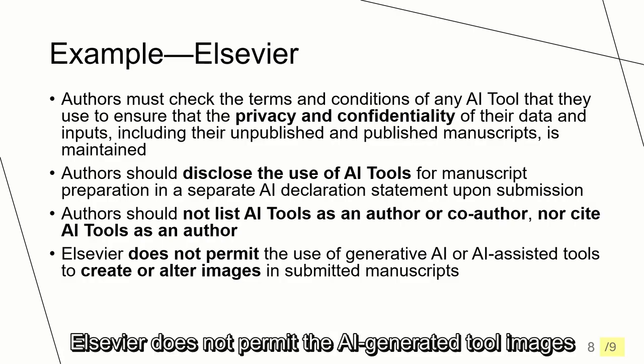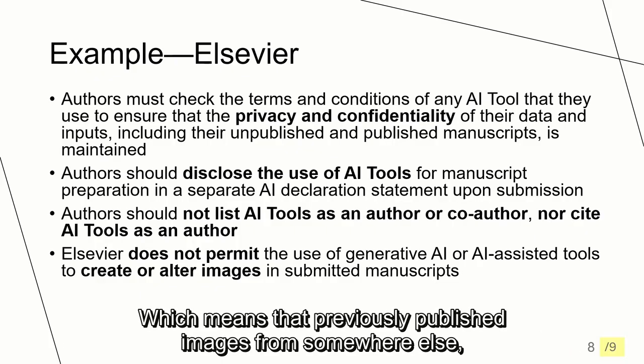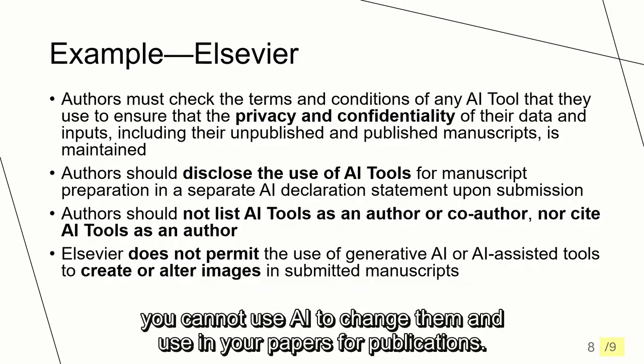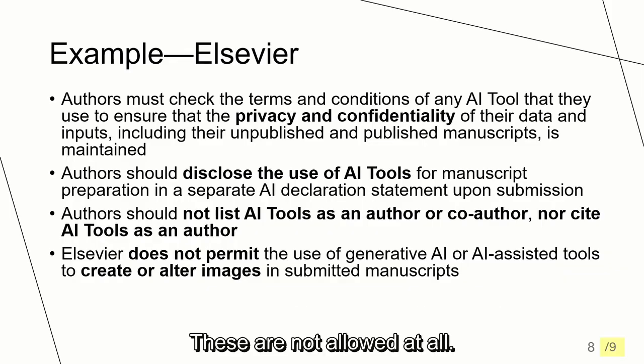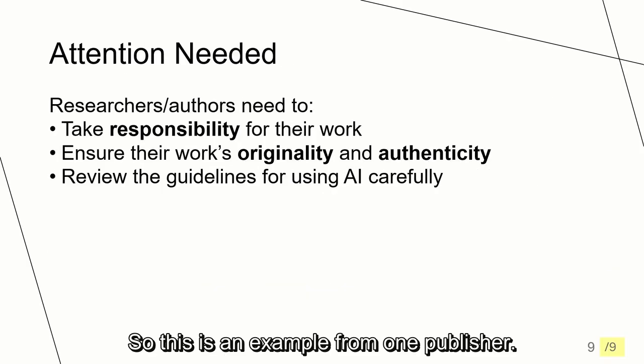Elsevier does not permit AI-generated images or using AI tools to change images for your manuscripts, which means that previously published images from somewhere else, you cannot use AI to change them and use them in your papers for publications. These are not allowed at all. So this is an example from one publisher.